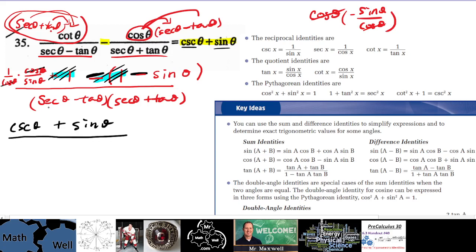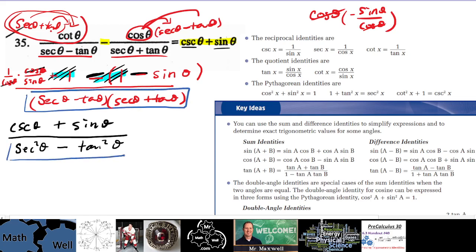This is going to end up being a difference of squares, right? Secant theta minus tan theta times secant theta plus tan theta. So this is actually secant squared theta minus tan squared theta. Let me know if that makes sense to you. When I multiply these, they're conjugates of each other, so I end up with a difference of squares here.